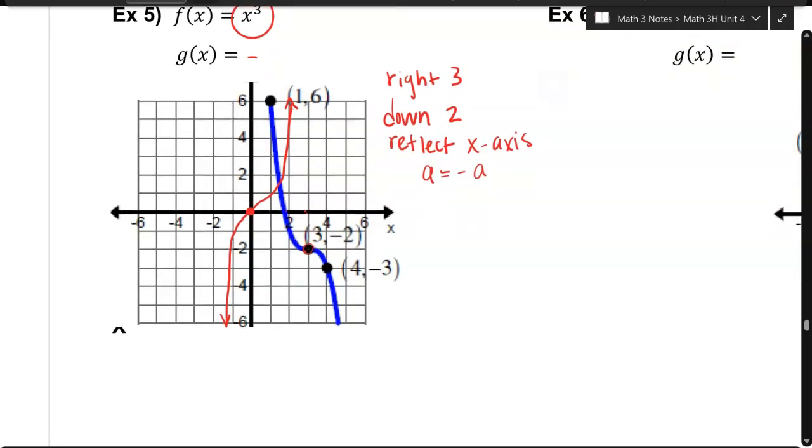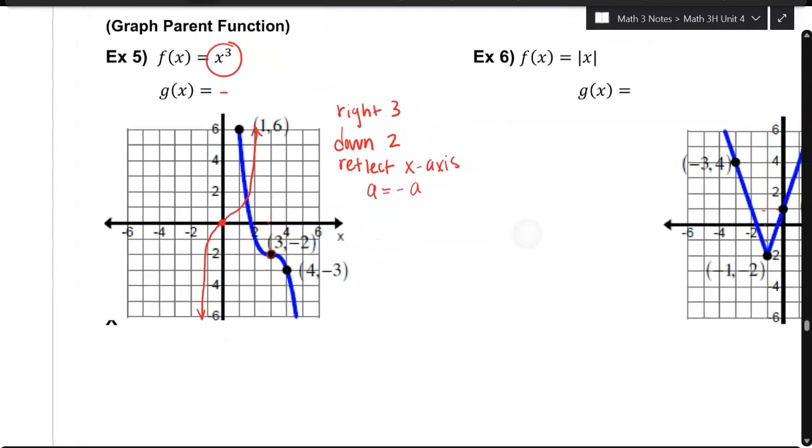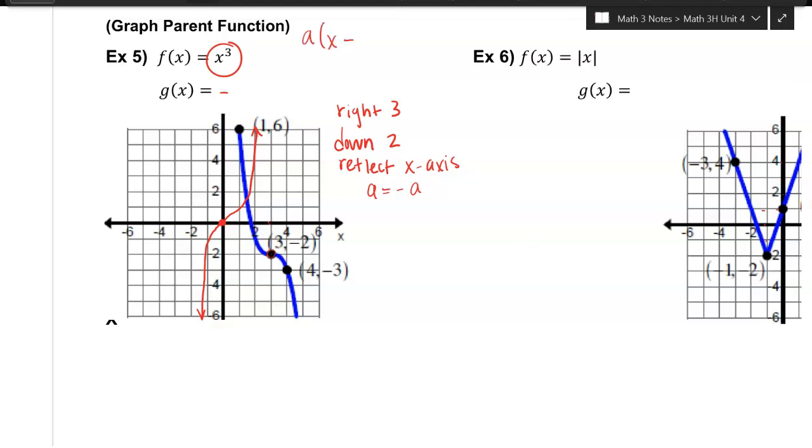All right, let's compare our points and see if we can get back to that original function without needing to find our a value. So remember, we're going to be using x to the third. So it would be your a(x minus c) to the third plus d.